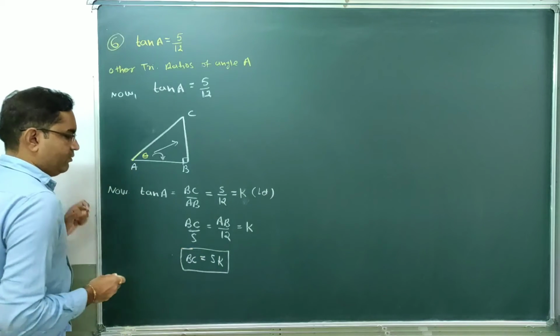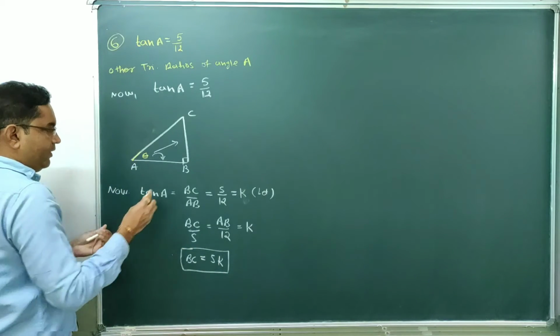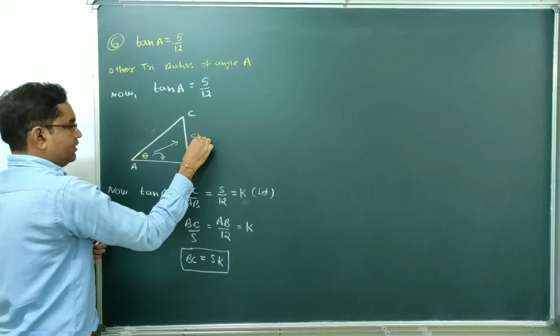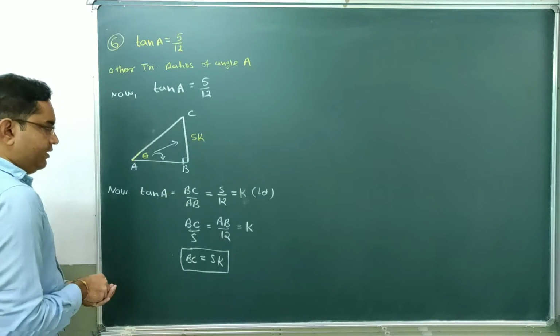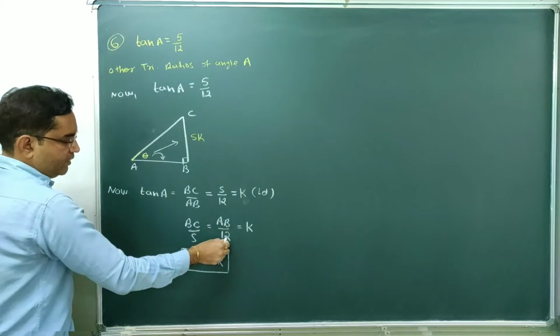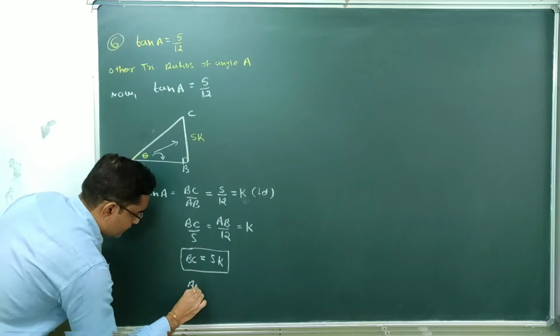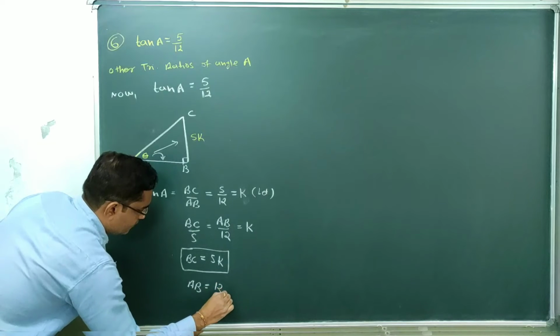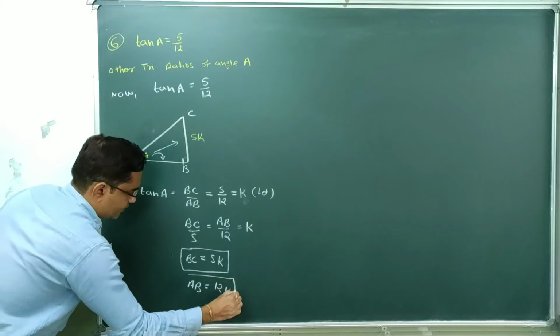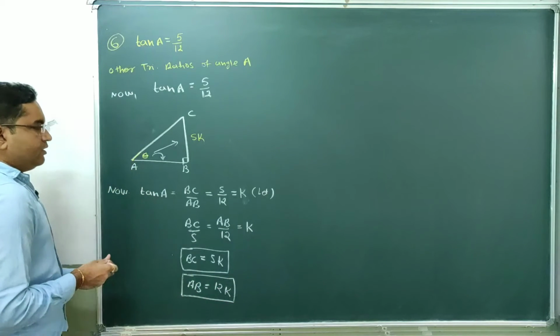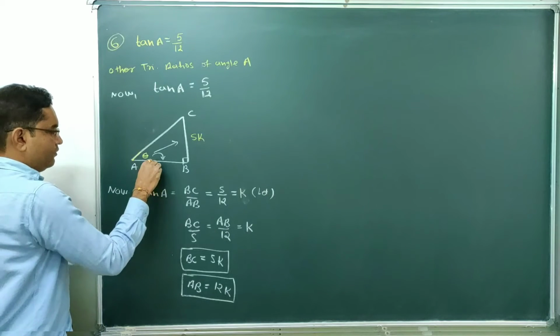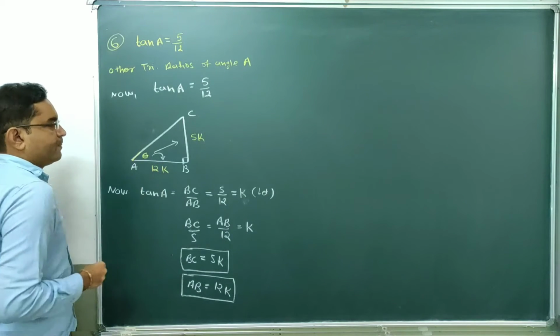Length of one side of triangle BC is equal to 5K. And AB, comparing these two ratios, AB equal to 12 into K. Done. So AB is the another side of this right angle triangle, which is equal to 12K.